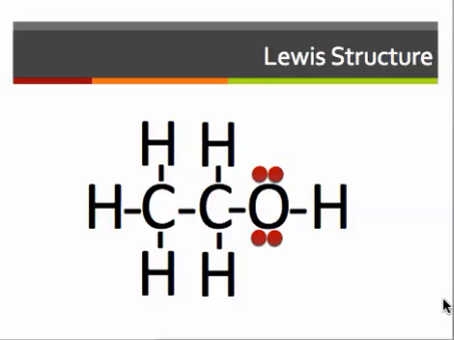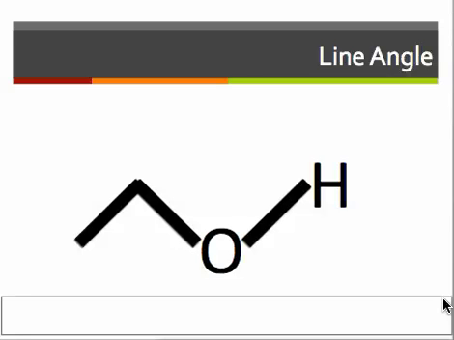This is definitely an easier way to draw a chemical structure, but the one easier way looks like this. And this is known as a line angle drawing. Line angle drawings can be very difficult to read, but I hope within a week you'll be able to read these kinds of drawings very easily.